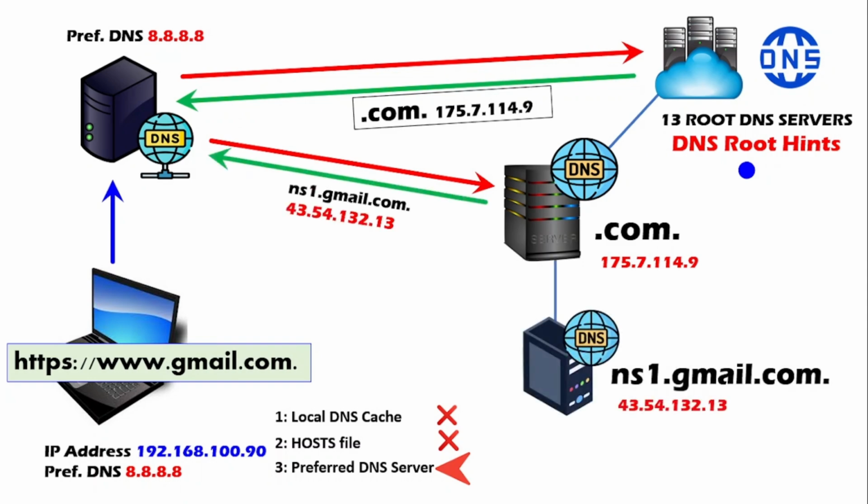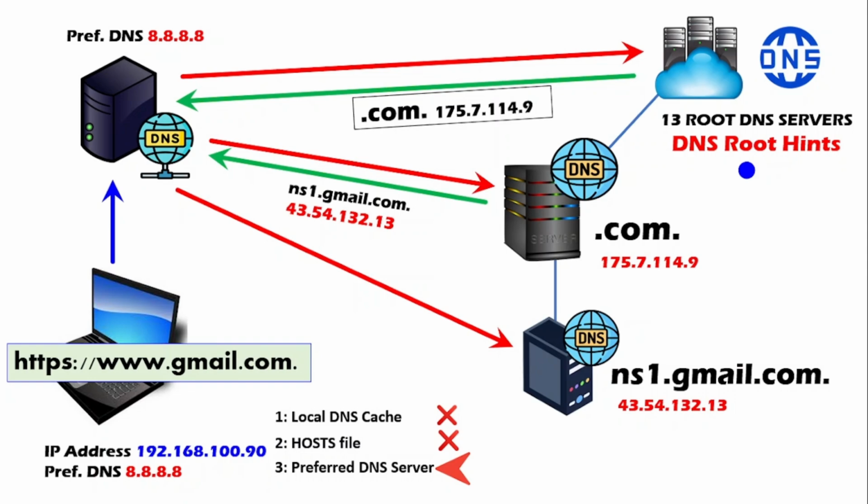So what they'll say is, hey, I don't have the IP address of gmail.com, but I can give you the IP address of Gmail's DNS server, that is 43.54.132.13. So this preferred DNS server will query 43.54.132.13, asking again, hey, what is the IP address of gmail.com?